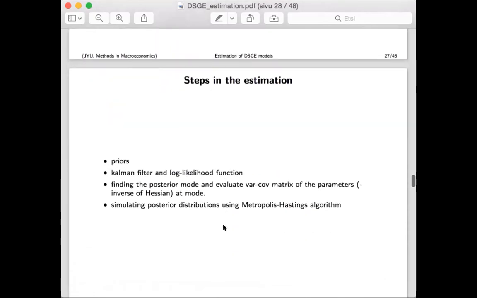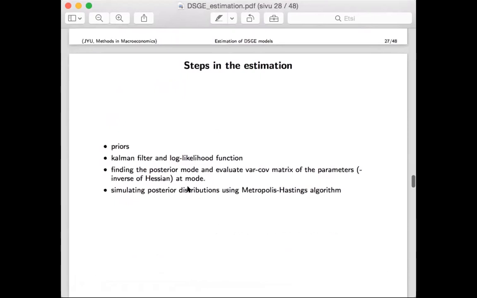So what is needed to estimate the model? There have to be priors for model parameters. Then we link the model to data with the Kalman filter, and then obtain the log likelihood function, and the combination of priors and log likelihood function gives us the log posterior.